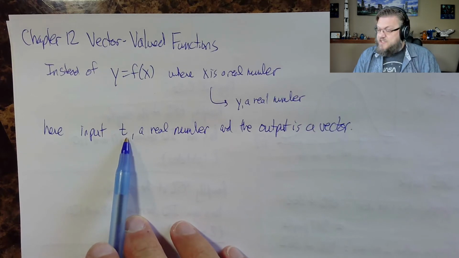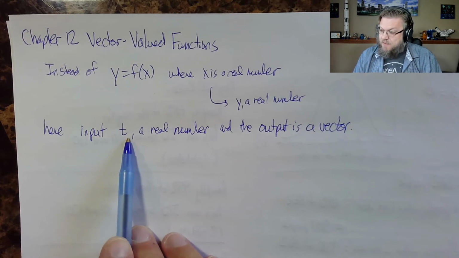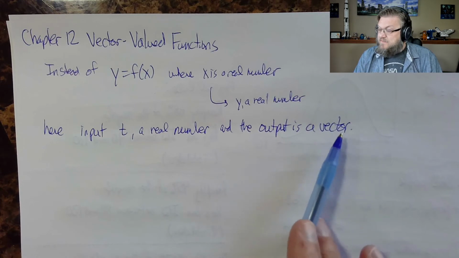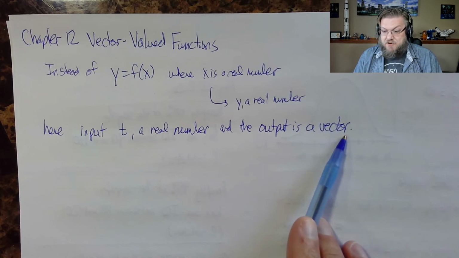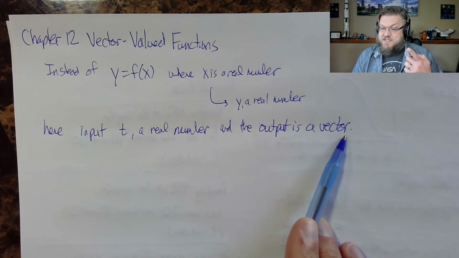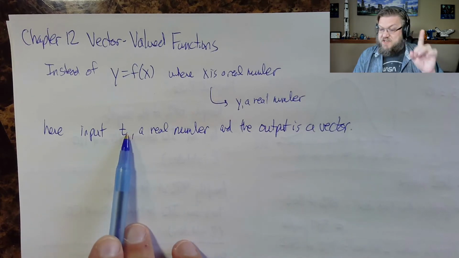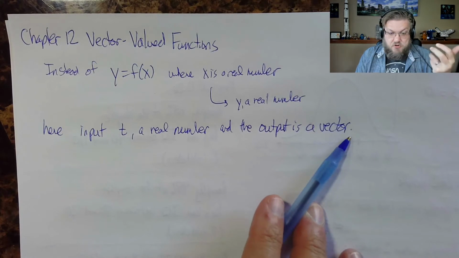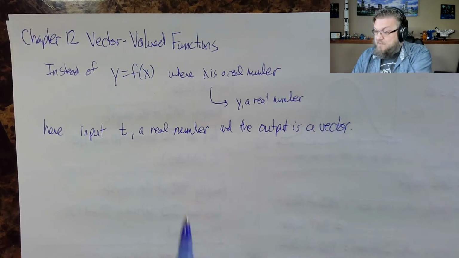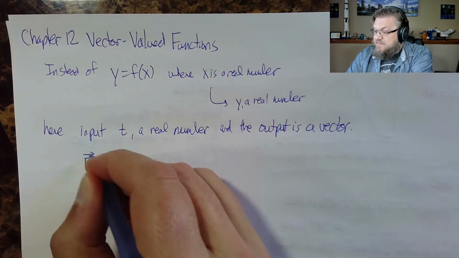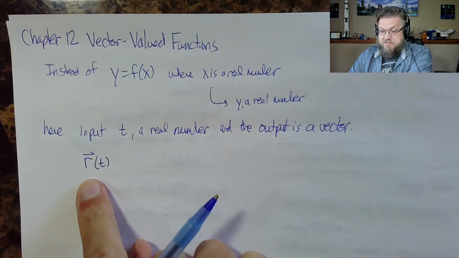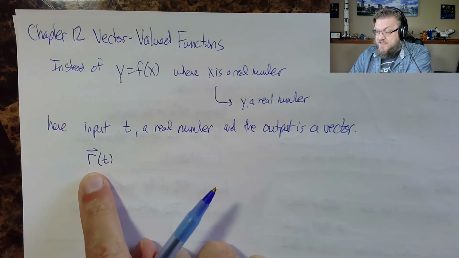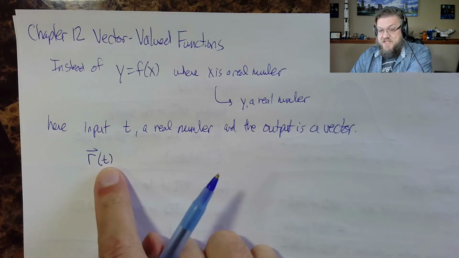We want to avoid talking about x values and y values here because the vector is most likely going to represent a point in space, and with one single time t, there's going to be a description of an x coordinate and a y coordinate. For example, here's what we would say. We would define our function r of t. Notice I'm using the vector notation here. Instead of f of x, we have r of t.